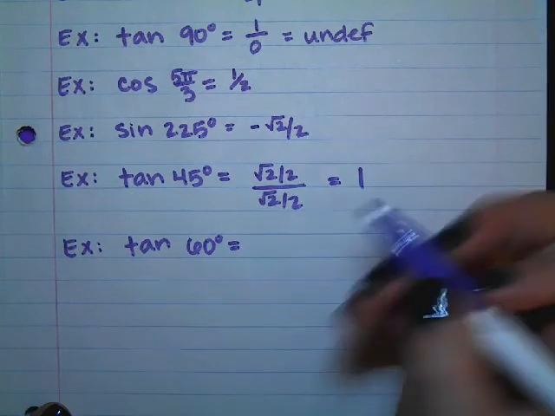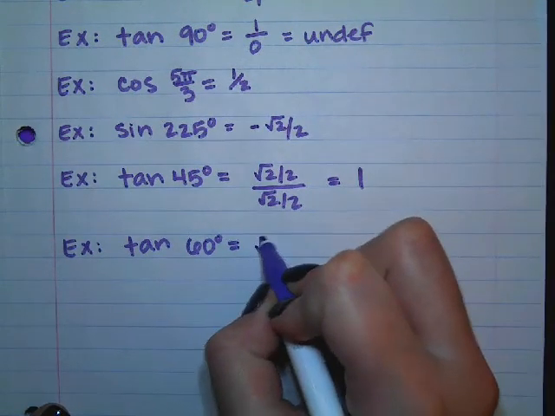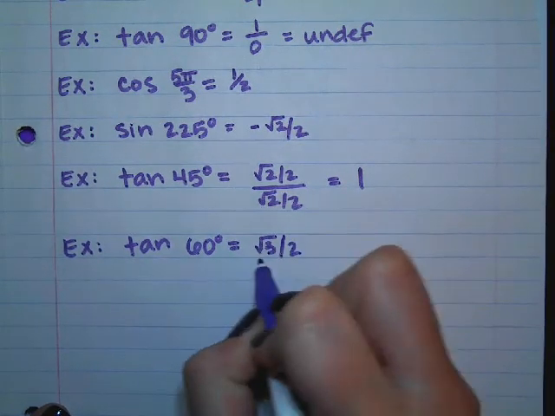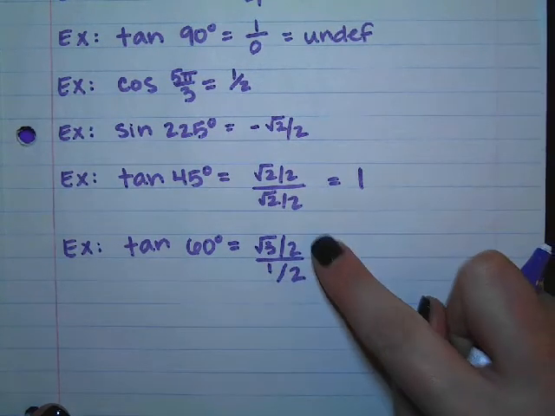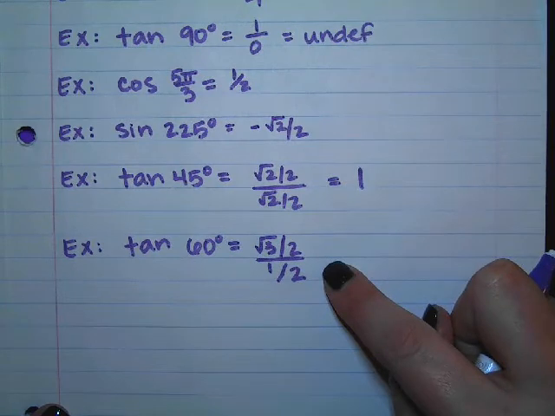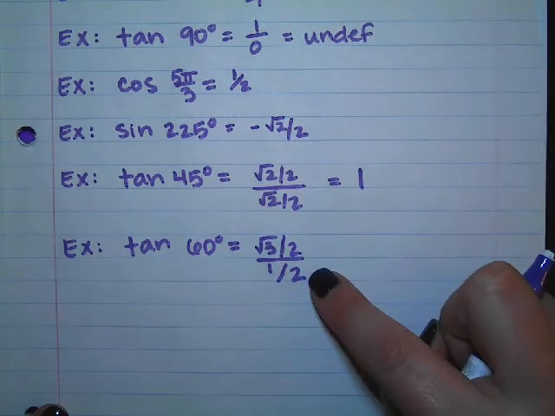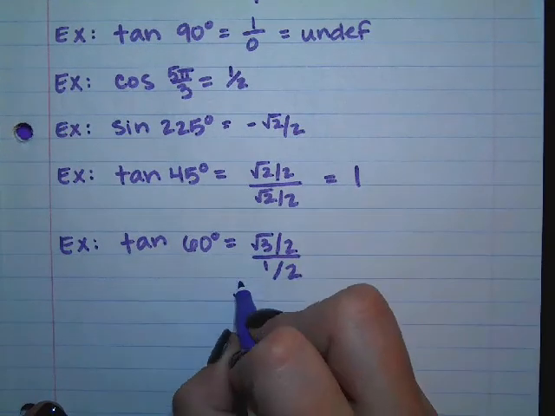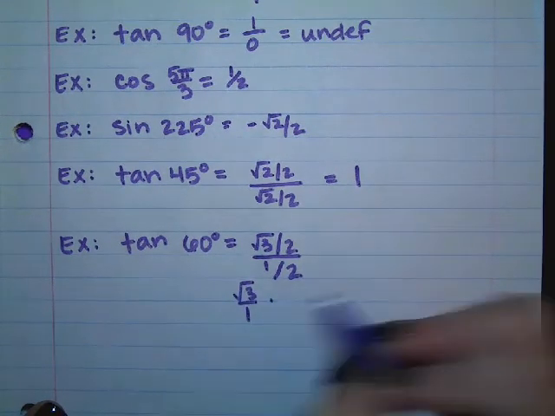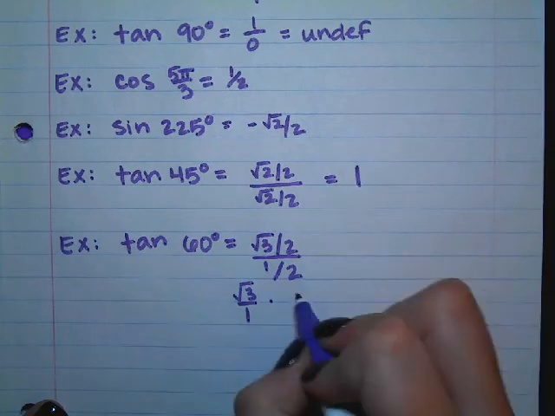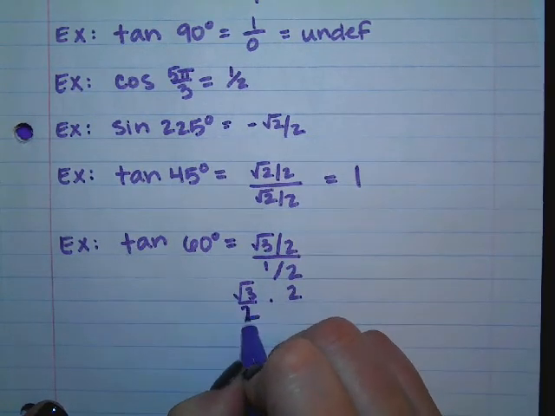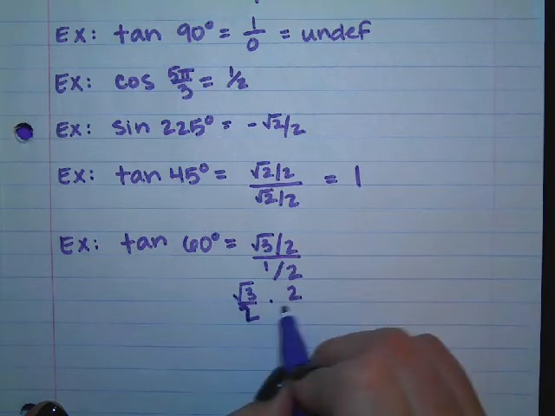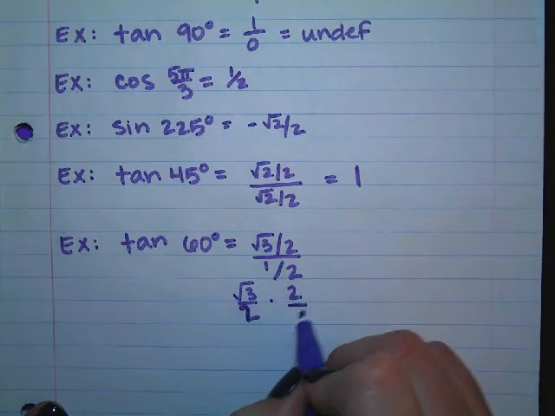It's like when you divide a fraction, you flip the second one. So we have y divided by x, and if we're showing our work, we say keep it, change it, flip it. Root 3 over 2, keep it, change it, flip it.